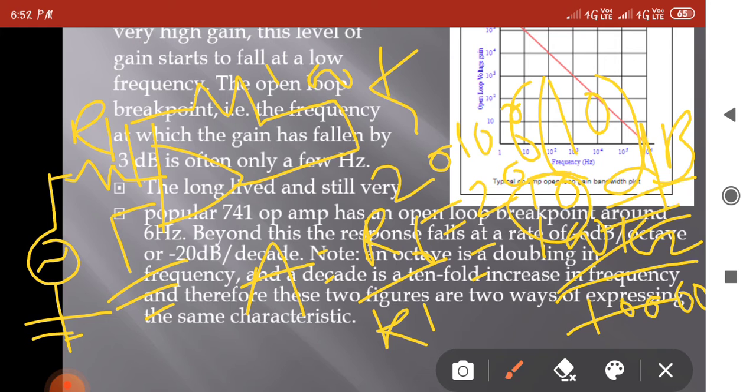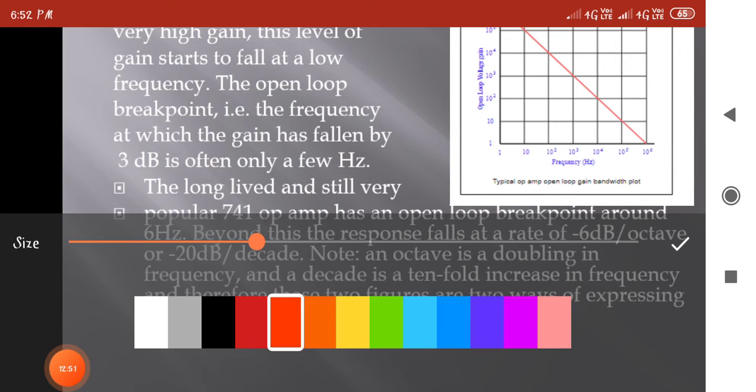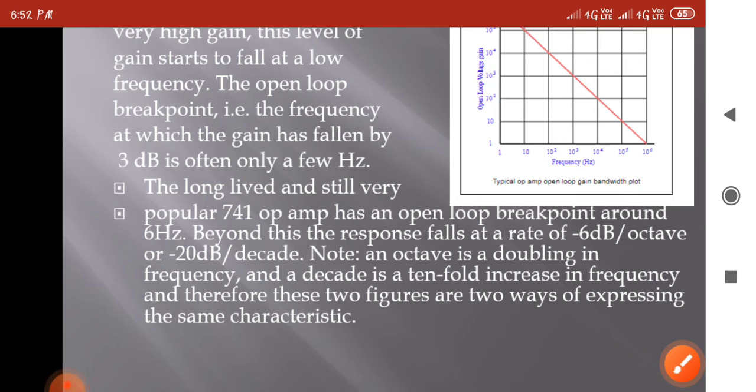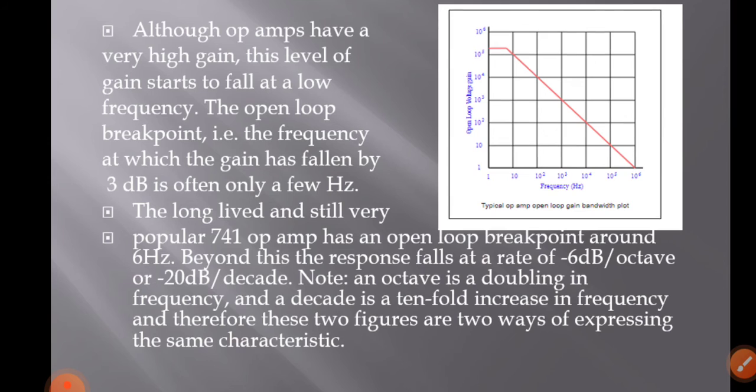You have got it. It all depends on the RF and the R1. R1 is a resistance for the open loop gain of the amplifier in the inverting amplifiers. Therefore, the two figures are expressing the same characteristics.